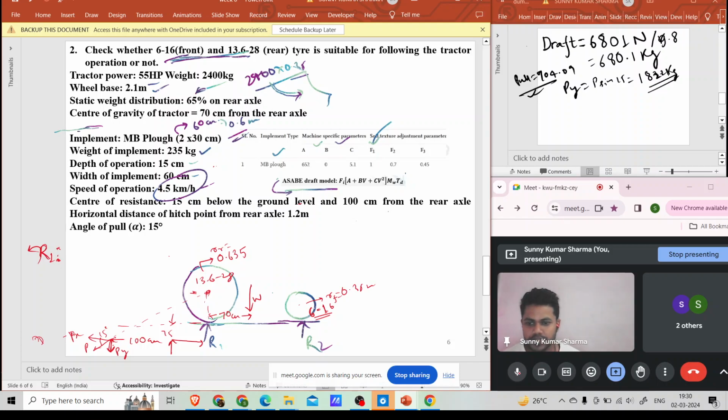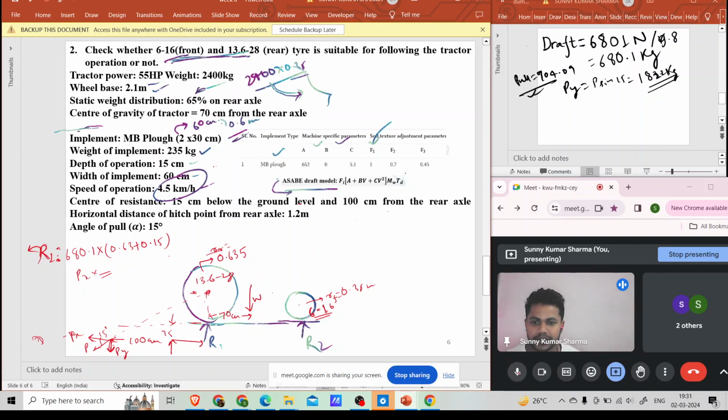So suppose this Px, this draft, is active at a distance of this radius. This Px we got is 680.1 kg, active at a distance of the radius, that is 0.635, plus the depth of operation, 0.15. This is Px into its moment arm.